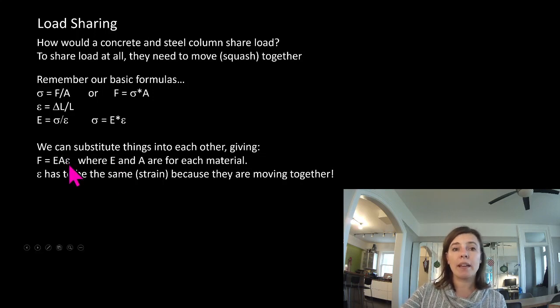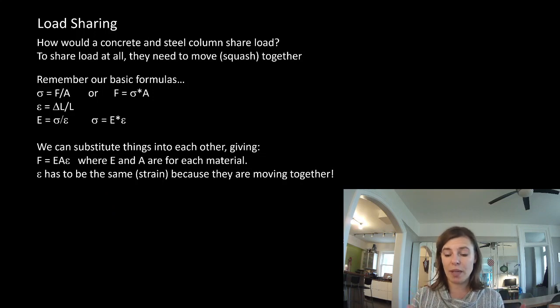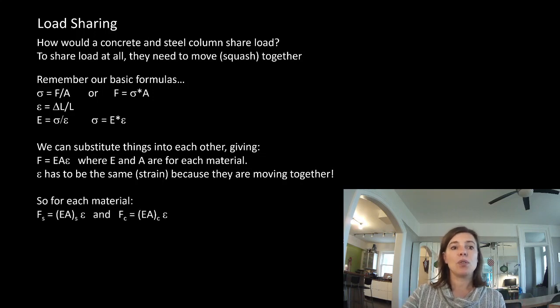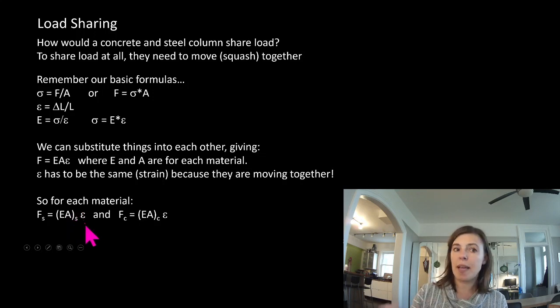But the strain is going to be the same because they're moving together. So if we had a steel and concrete element sharing load, the force in the steel would be the modulus of elasticity of the steel times the area of the steel times the strain, which is the same for both.